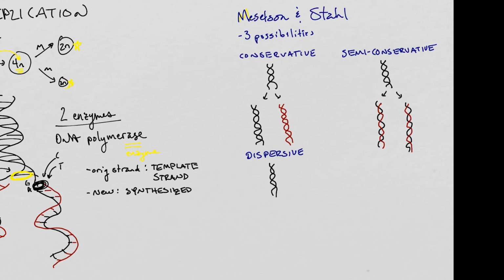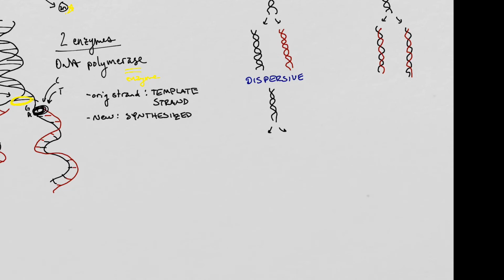And then dispersive replication was the craziest one. And this one's ridiculous to try to draw. So if you don't want to draw this one, I totally understand, because I don't want to draw this one. In dispersive replication, do you guys see this here?